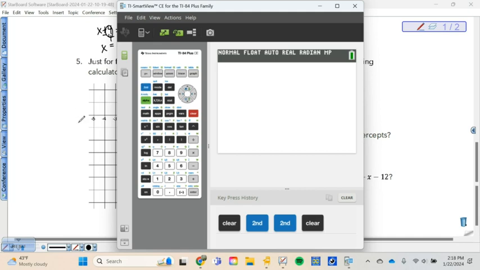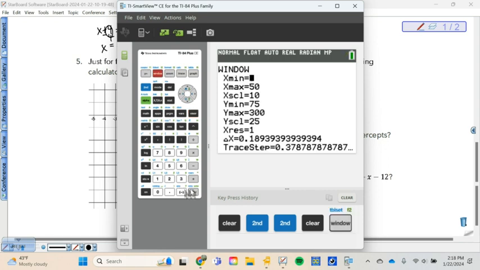So the first thing we want to do is set our window. See the little gray button at the top, it says window. Click on window. And on our graph that's given to us on our paper, what are the x values on your x-axis? What number to what number? Good, negative 5 to 5.